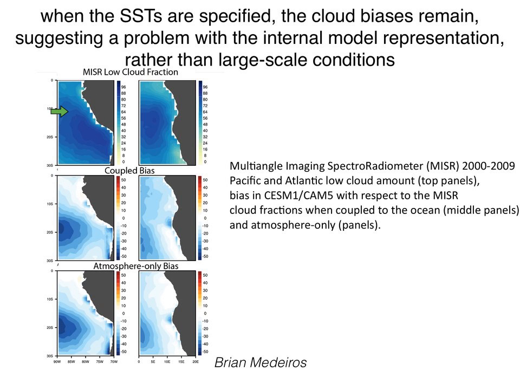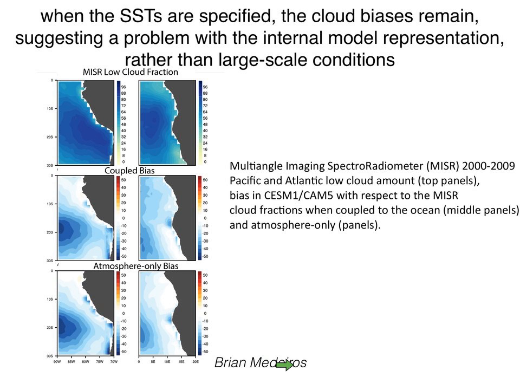The observation is shown in the top panel. The coupled bias is shown in the middle. And when a comparison is done to an AMIP simulation with realistic SSTs, you see that the cloud bias is not that much improved.